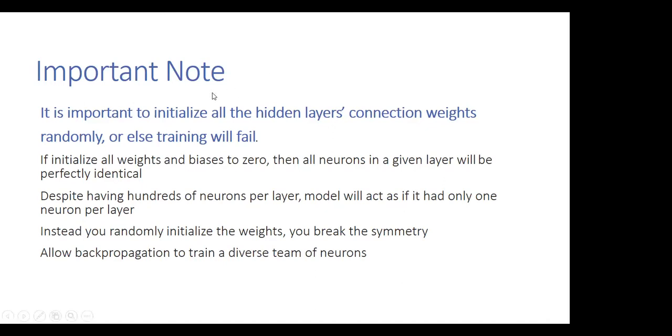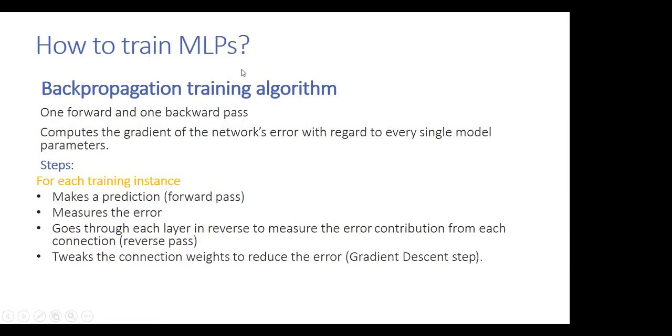An important note here is to initialize all the hidden... Could you go back? Yes. So we talked about this neuron, and imagine every neuron was a light bulb. Okay, so you obviously know Judy cannot draw, but you have many light bulbs, and you had many streets.